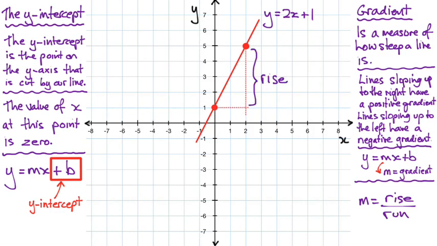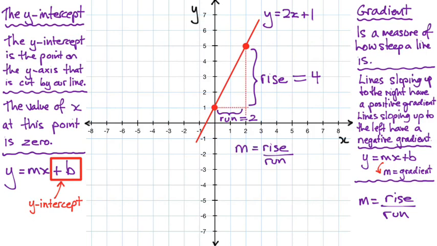Using that triangle, the vertical distance of that triangle is what we call the rise. In this case that is 4 units, so I go 1, 2, 3, 4 units in length, and the run is the horizontal distance of my right-angled triangle. In this case it's 2 units because I start here, I go 1, 2 units.